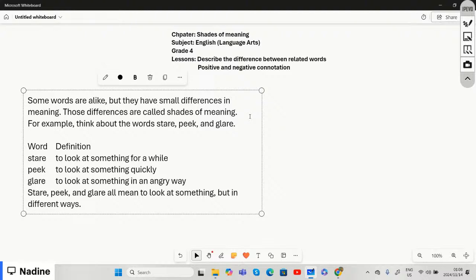So once again, we say that some of our words are alike, but they have small differences in meanings. And those differences we call shades of meaning.